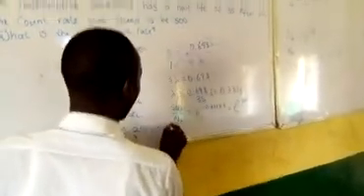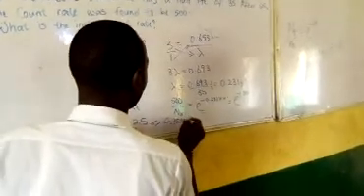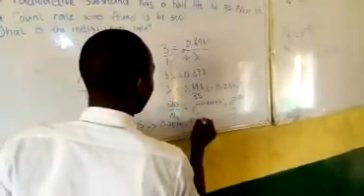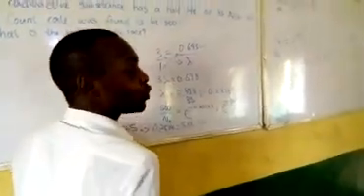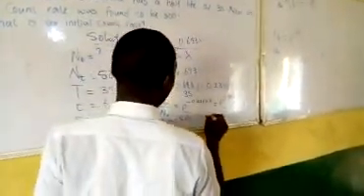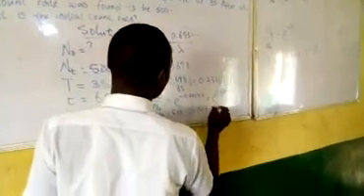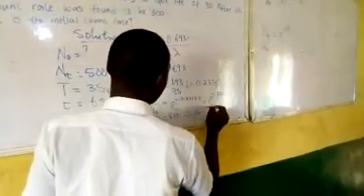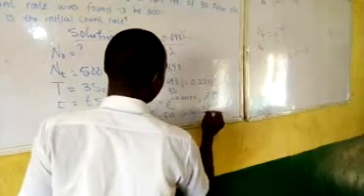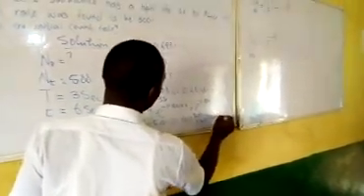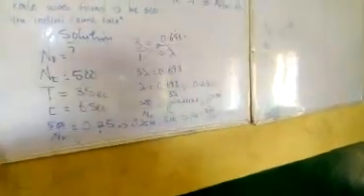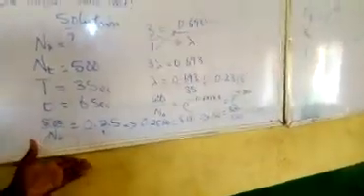So 0.25 N naught is equals to 500. And when you divide both sides by 0.25, then N naught is equals to 2000. 500 divided by 0.25 is going to be 2000. Have you seen it, class?